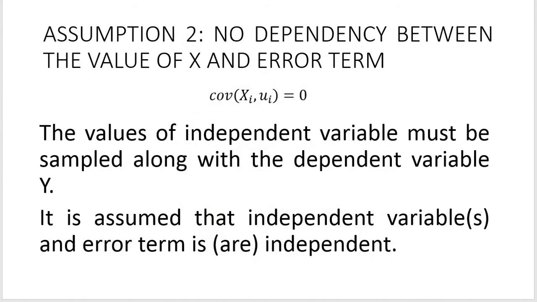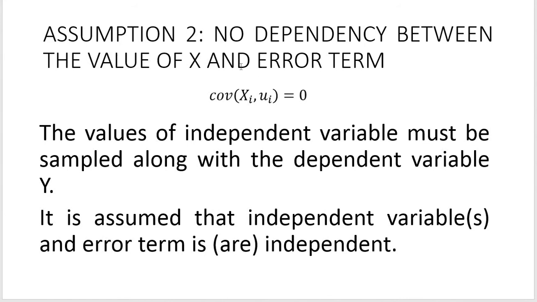And here you have the second assumption. In order to estimate a valid model with a reliable estimator, or BLUE estimator, we will get back to this, the following assumption has to be met. There should be no dependency between the value of x and the error term.